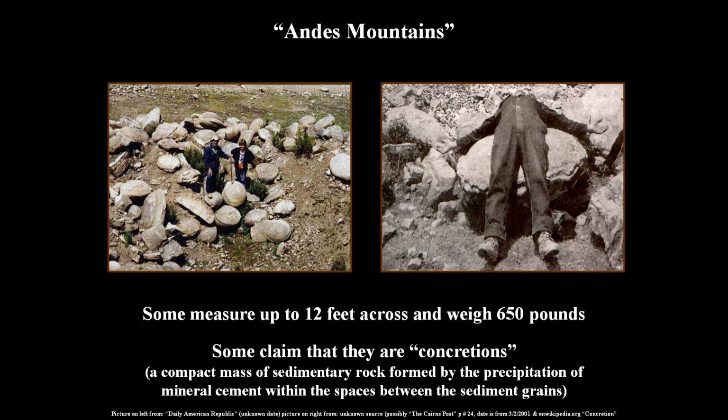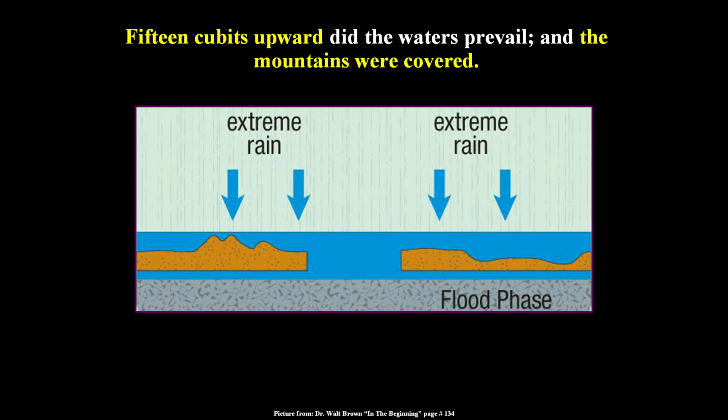But again, the mountains were covered 15 cubits upward. Did the waters prevail, and the mountains were covered. And that is the formation of the mountains, where we got our mountains today.